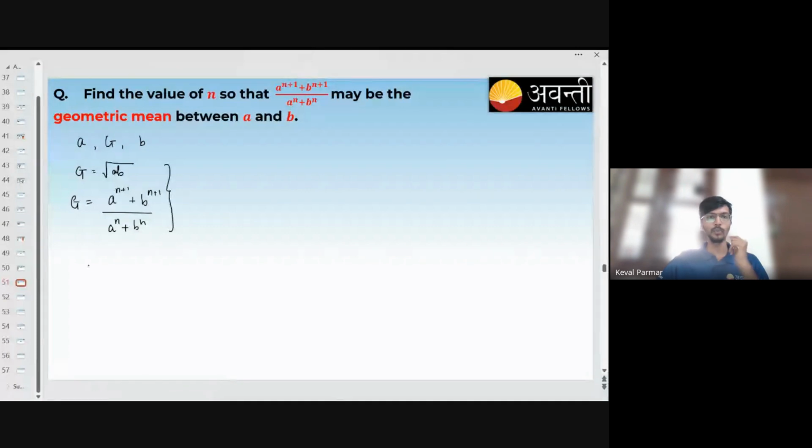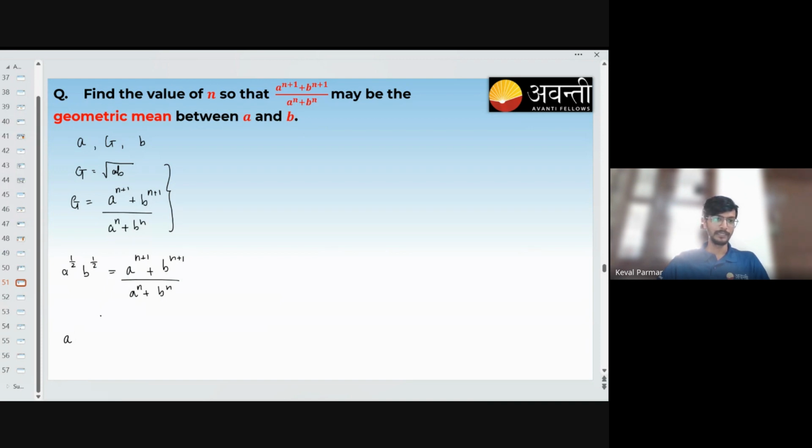I can write the root as a raised to half, b raised to half, which equals (a raised to n plus 1 plus b raised to n plus 1) upon (a raised to n plus b raised to n). If I cross multiply, the powers of a will add.